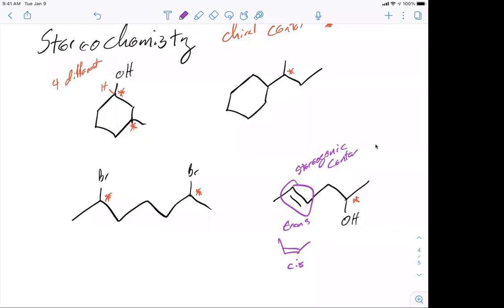Right, so it's not a chiral center, but it does have stereogenic nature to it. It's going to have 2 possible configurations. It's going to have a cis and a trans. Okay, so those are our chiral centers.